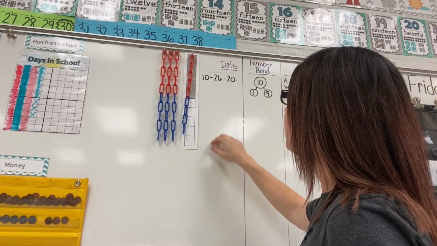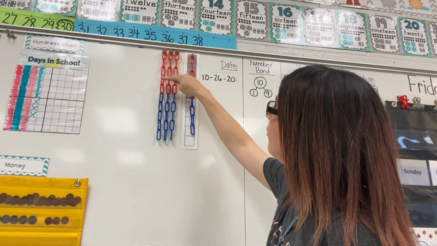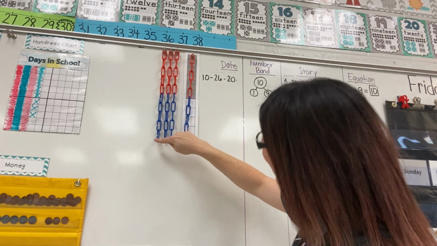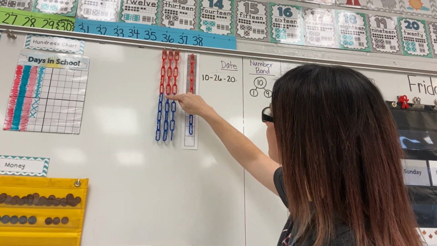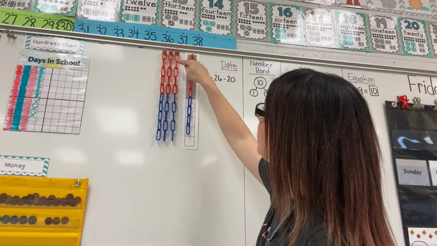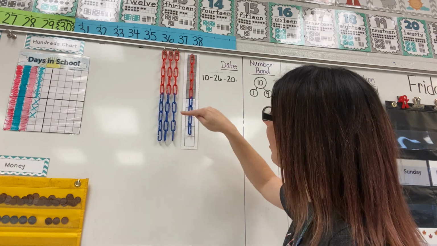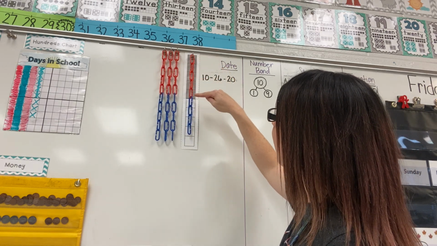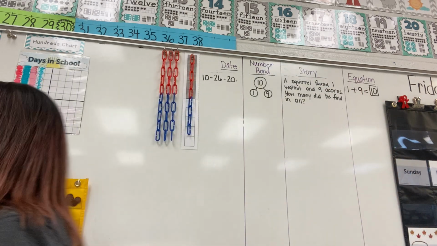And now you've been in school for, can we count them all? 1, 2, 3, 4, 5, 6, 7, 8, 9, 10, 11, 12, 13, 14, 15, 16, 17, 18, 19, 20, 21, 22, 23, 24, 25, 26, 27, 28, 29, 30, 31, 32, 33, 34, 35, 36, 37, 38, 39. You've been in school for 39 days.